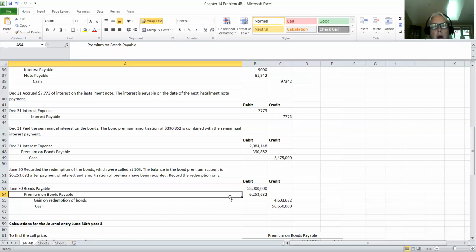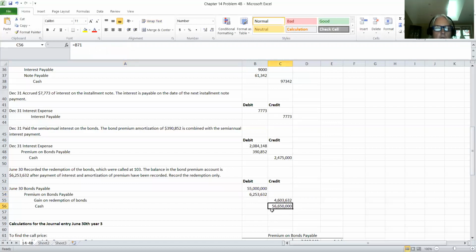The amount of the bonds payable plus the premium would be the carrying value. And we're going to compare that to the callback price or the cash amount that we paid to recall these bonds. Remember, we recalled 55 million at 103%, or if you put it in a decimal, it's 1.03.